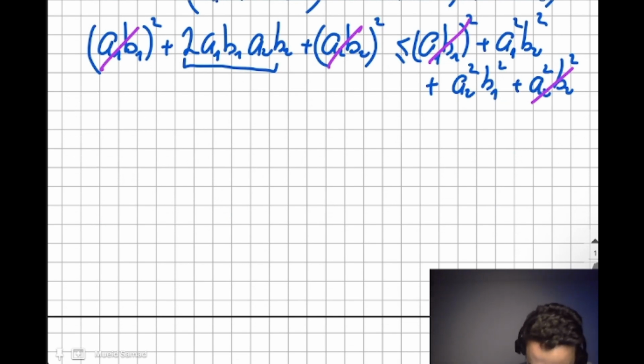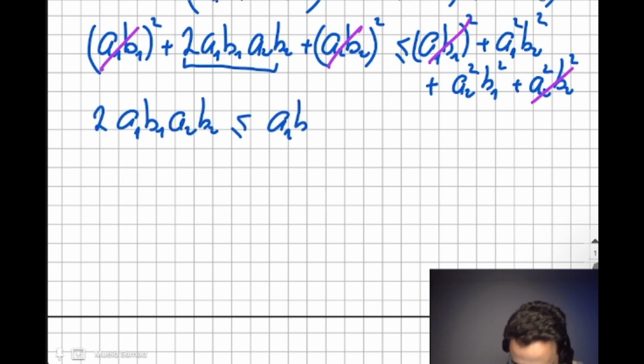So we have 2 times a1 b1 a2 b2 smaller or equal to a1 b2 squared plus a2 b1 squared.